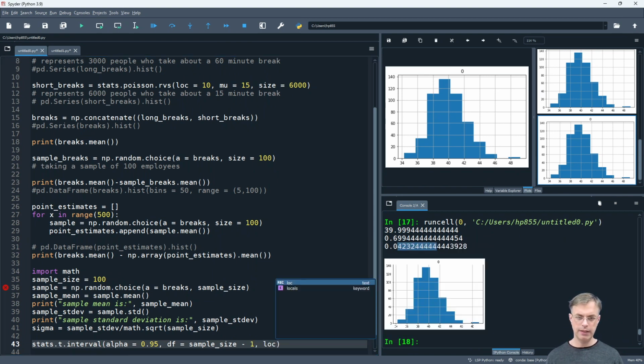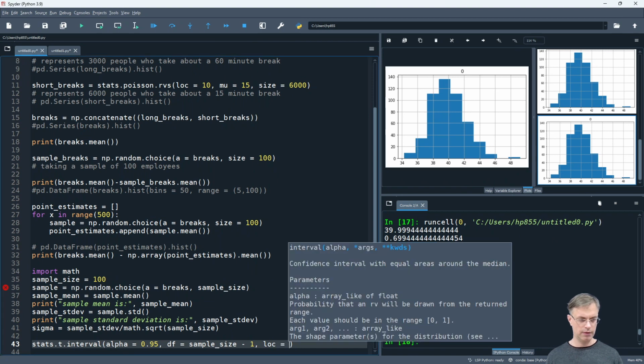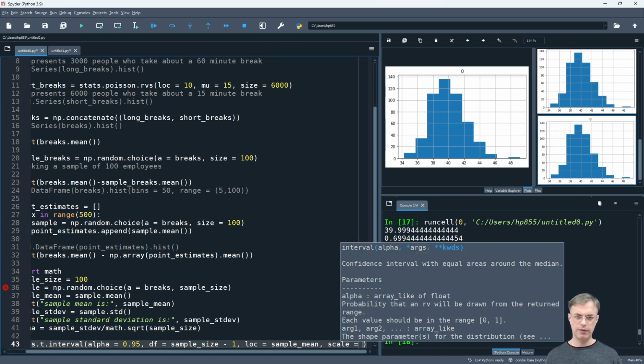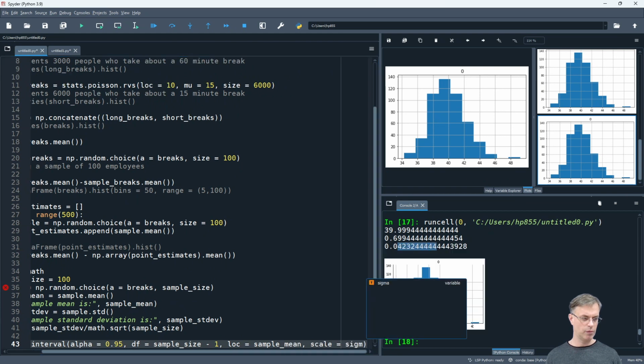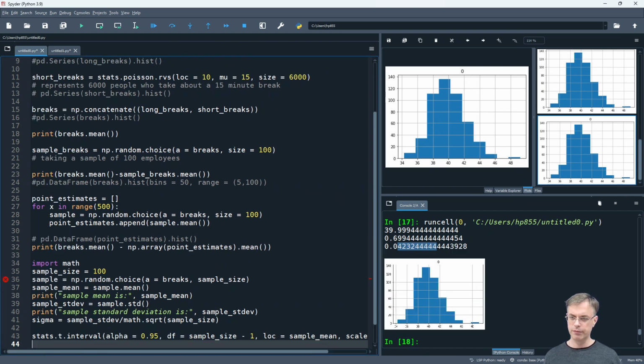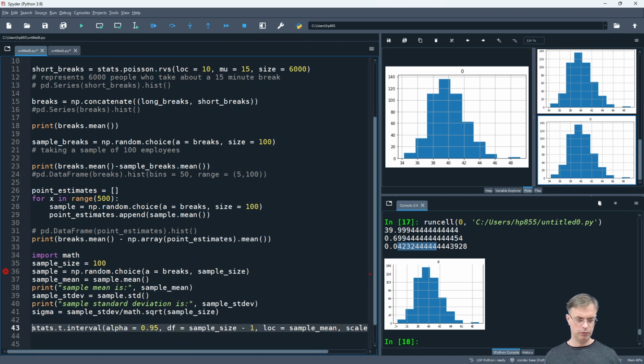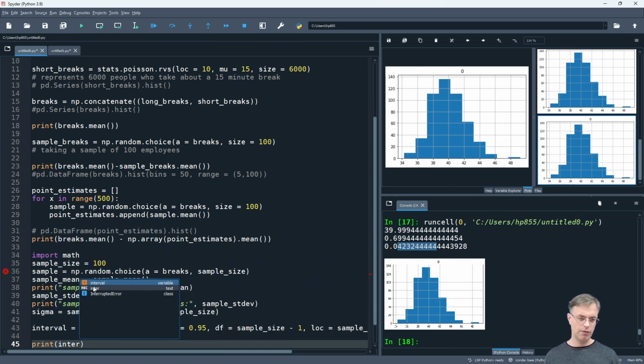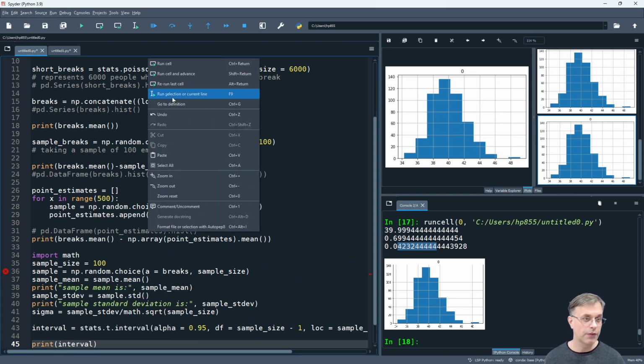Then loc is sample mean, and scale is sigma. So interval, and print interval. Let's try to run it.